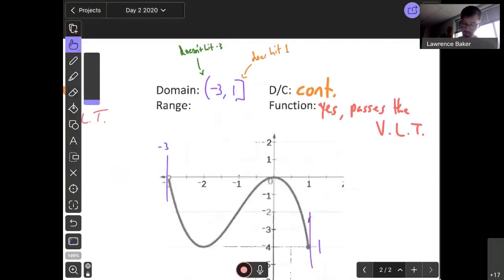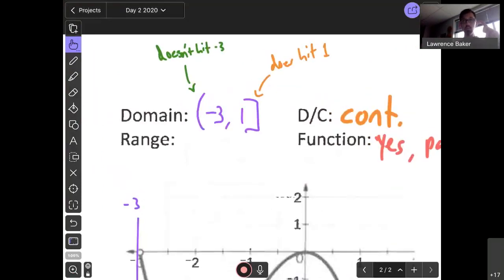So I kind of labeled there why we use a parenthesis and why we use a bracket. If it doesn't quite reach the number, we want to use the parenthesis. If it does hit the number, we want to use the bracket. Otherwise, we're saying it's all of the numbers between -3 and 1, including 1, but not including -3. That's what that means.